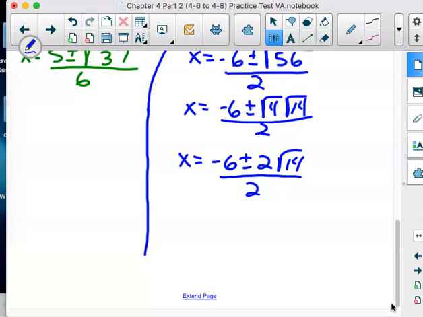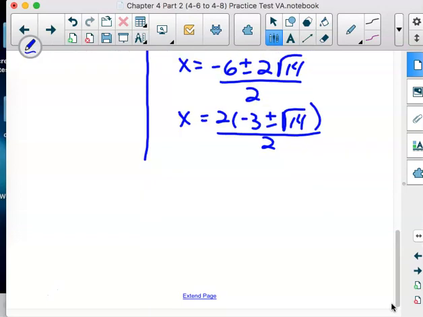Is this one done? No. Everybody see all the 2's? Okay, so let's pull a 2 out of the top by factoring. That way we'll be able to do the canceling, because remember, canceling is a form of division.